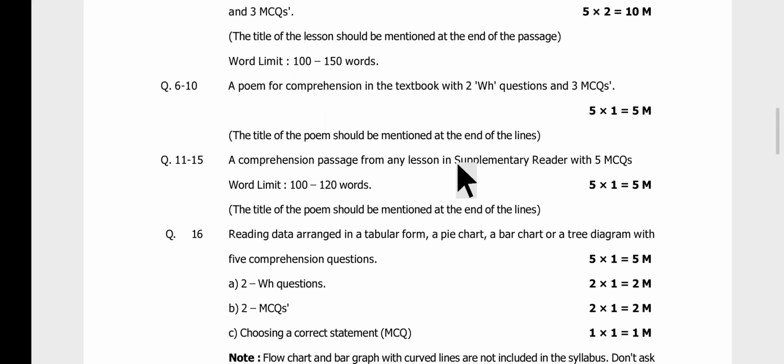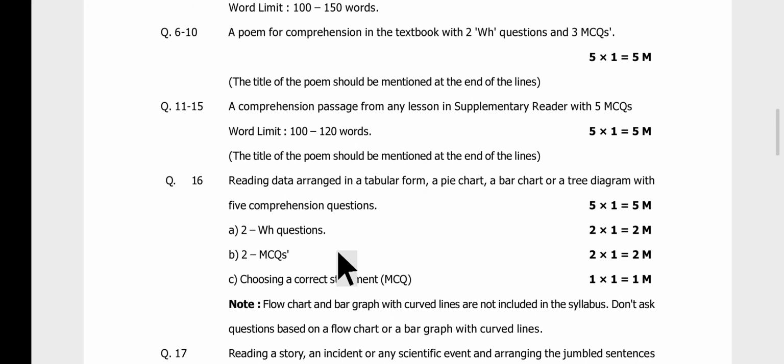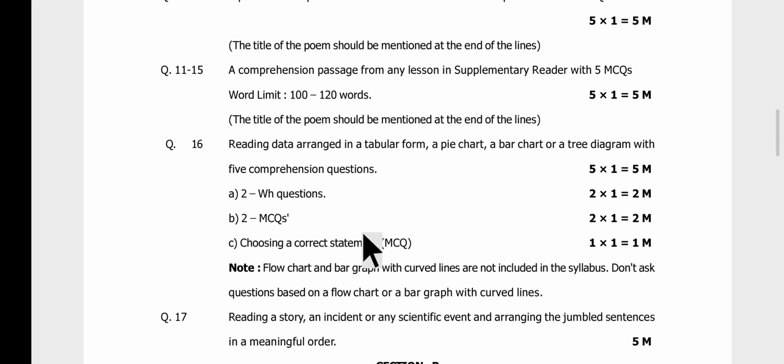Question number 11 to 15, a comprehension passage from any lesson in the supplement reader with 5 MCQs, followed by reading data arranged in a tabular form, pie chart or bar chart, which will have 2 WH questions and 2 MCQs and choosing one correct statement. So this is the pattern.